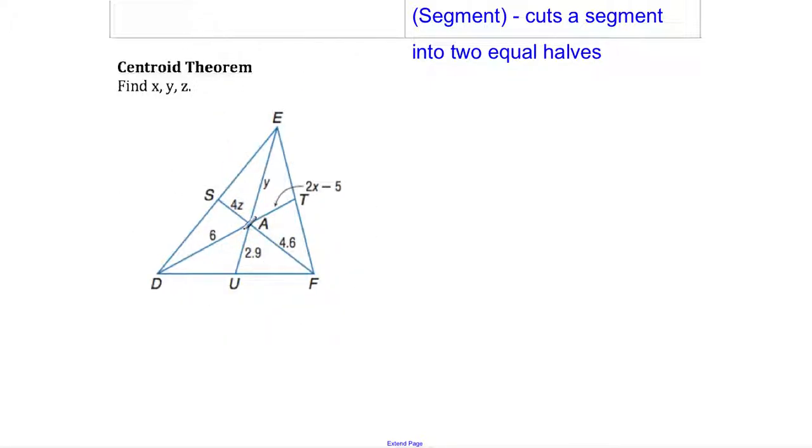So here, SA, which would be 4Z, is equal to 1/3 of the entire segment, which would be 4Z plus 4.6. Simplifying this, if I multiply both sides by 3, I get 12Z. Don't have to worry about any fractions.